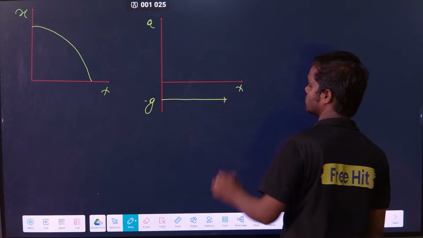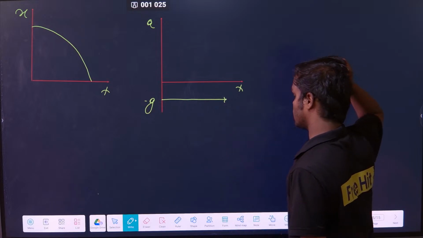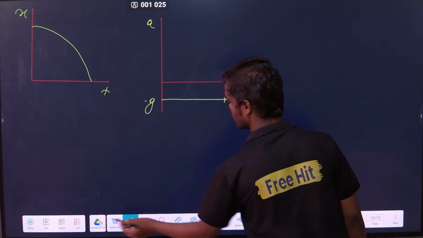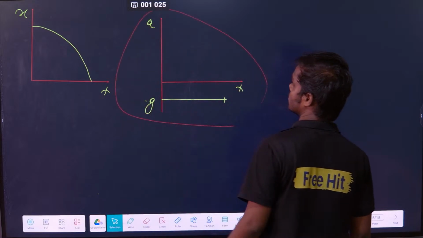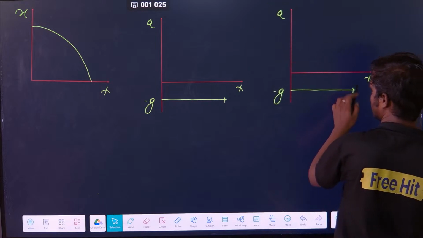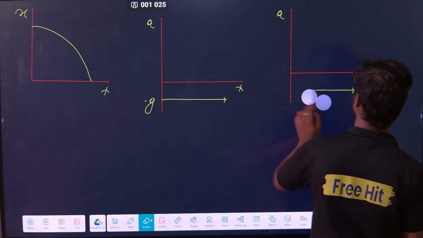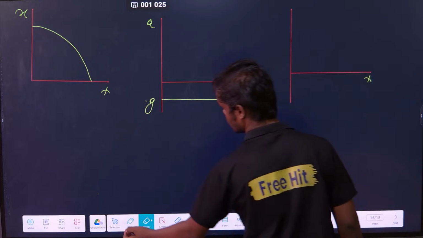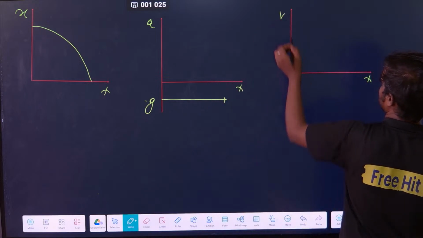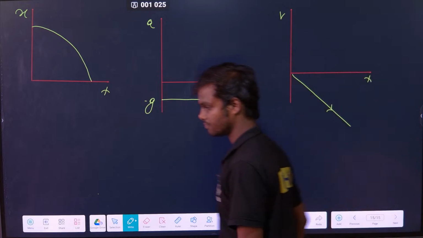So acceleration is always minus g, which is very clear. Okay, and another graph we can draw. If I ask you the velocity time graph, what is the velocity time graph? Tell me. The velocity time graph will be something like this, correct?